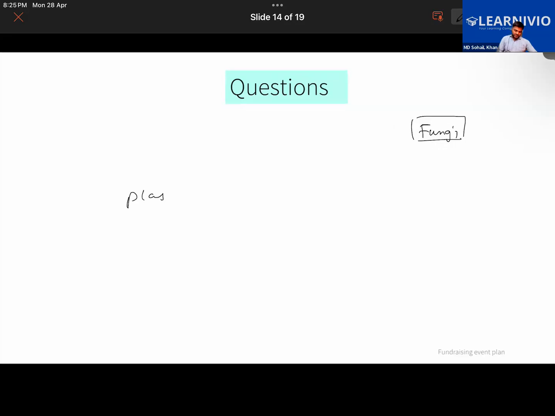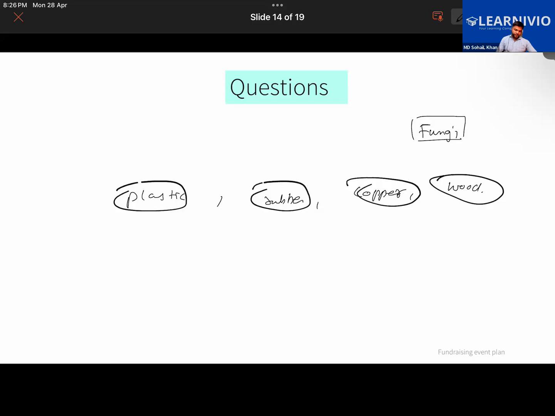Out of these objects, plastic, rubber, copper, or wood, which one of them is a good conductor of electricity? Copper.